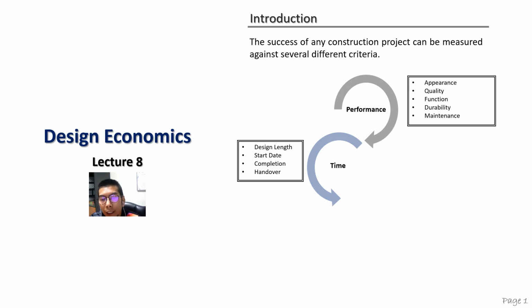So let's say in the contract period it's stated that your project will be completed within 2 years. If you can complete it within 2 years, then you can call your project successful. That's one of the criteria or factors to determine whether your project is successful or not. However, in Malaysia, as you are aware, we find it difficult to find a project that can be completed on time.